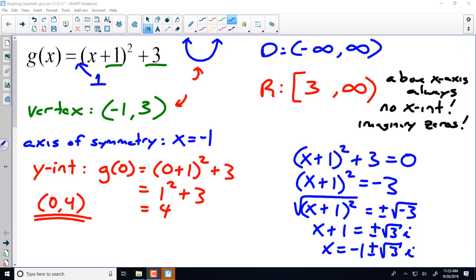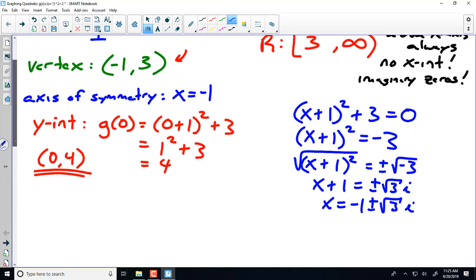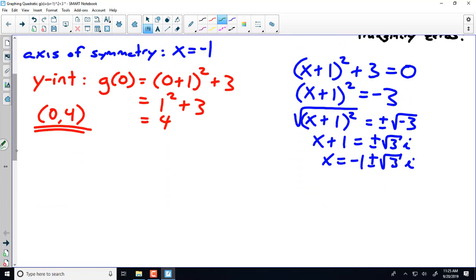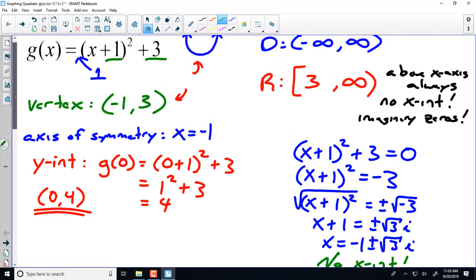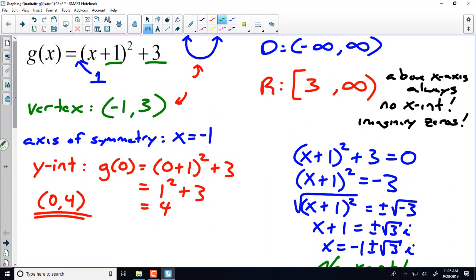You know, imaginary zeros aren't bad. There's nothing wrong with having imaginary zeros. It just means that this particular function, its parabola, is going to have no x-intercepts because the zeros are imaginary. You know, that makes me a little bit nervous because that means I'm not going to have as many points to help me draw it. So what I'm going to do is I'm going to take a couple more x values and plug them into the function.